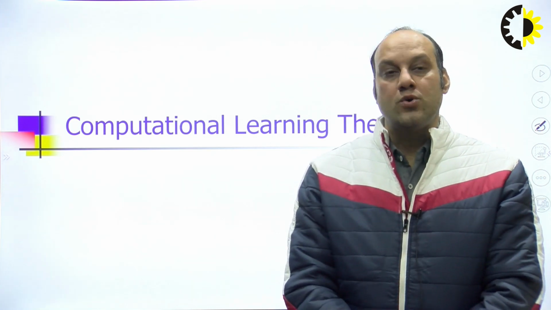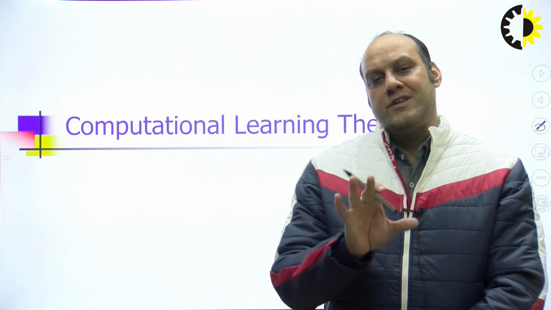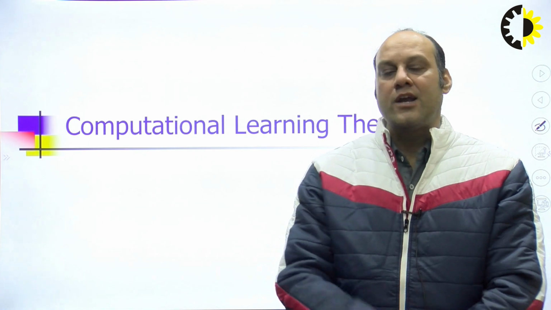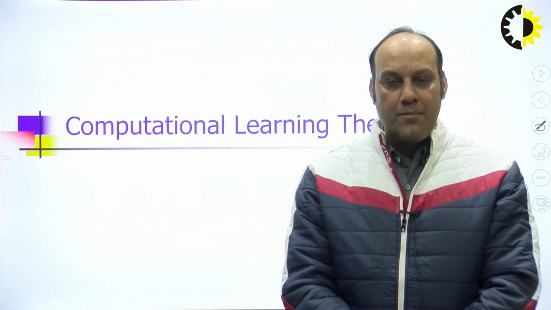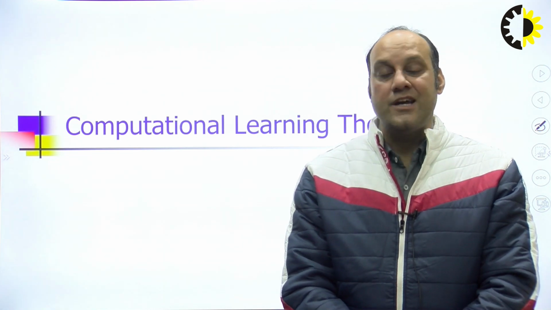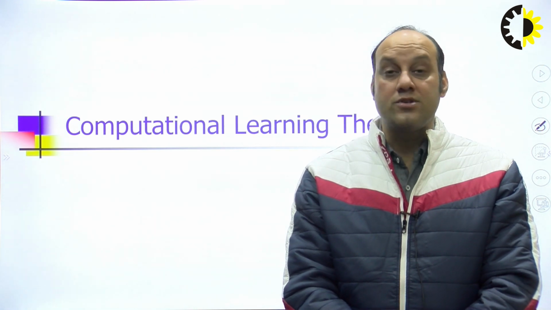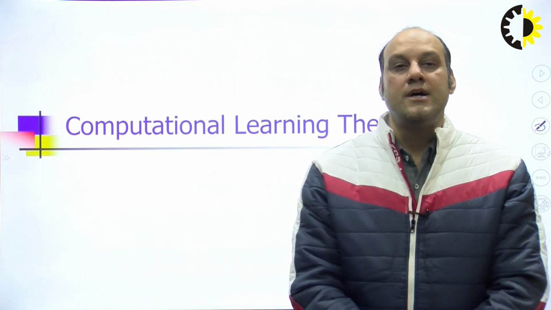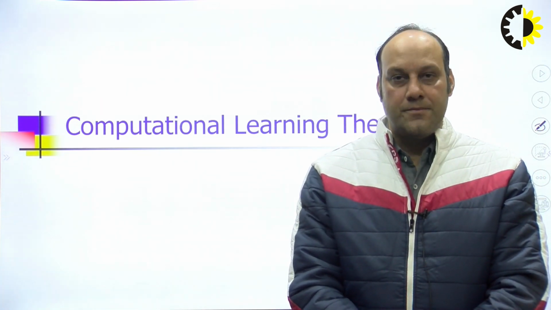In computational learning theory, the challenge is that we will see a lot of complications in the implementation of those learning algorithms. So in this topic we will see the theoretical implications in the implementation of machine learning algorithms, and also the capabilities of machine learning algorithms.